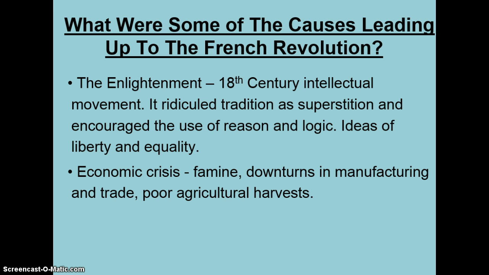Due in large part to trade and poor agricultural harvests, famine spread and economic crises continued, and there were even downturns in manufacturing and in trade within France. All of this had a negative impact on France and caused great suffering for the French people. And so this became an important event that basically sparked the French Revolution.